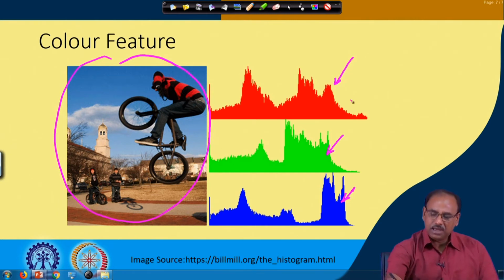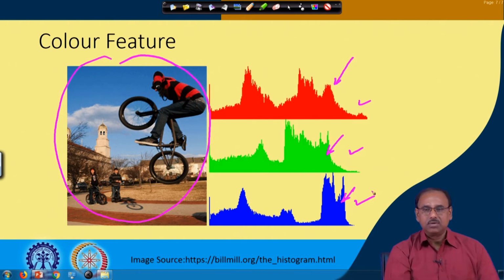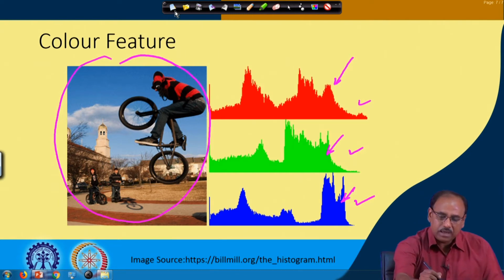Similarly, these three color histograms give you important information about the color distribution, the nature of the color of the given image. By analyzing these histograms, I can obtain important descriptors of the intensity distribution and of the color distribution. So, how can we do it?